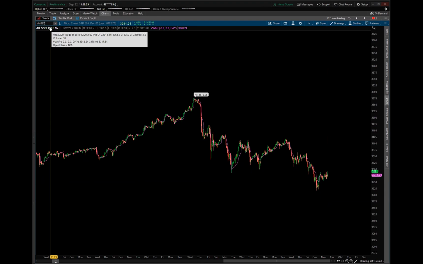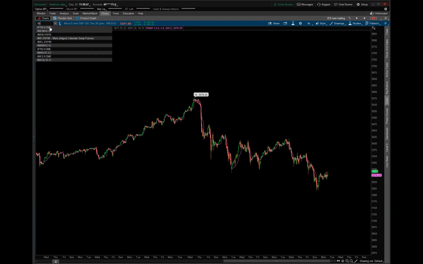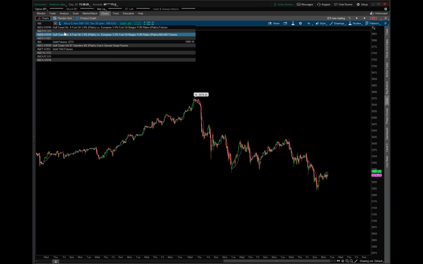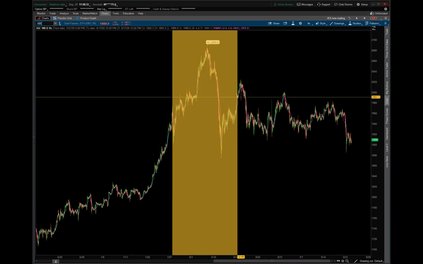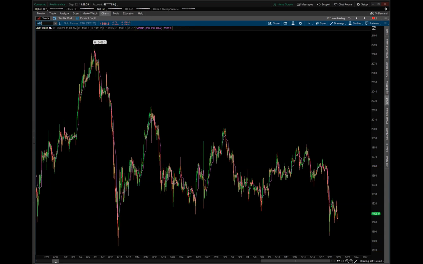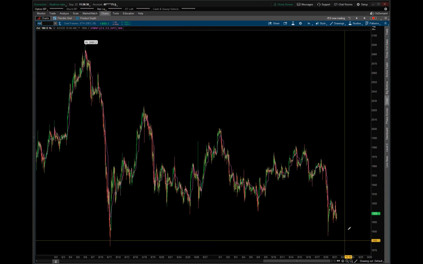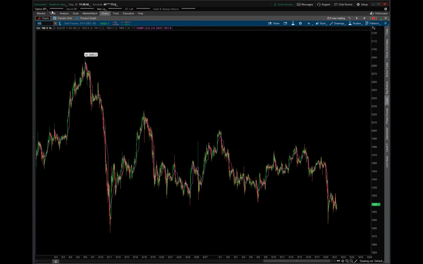We can also see GC, we can see gold futures, right? So this is how it works on Thinkorswim.